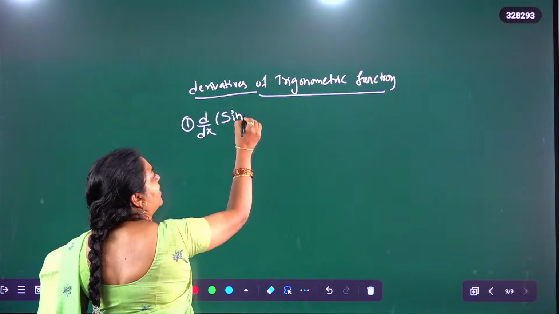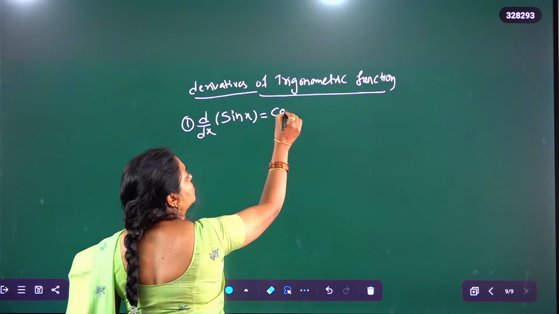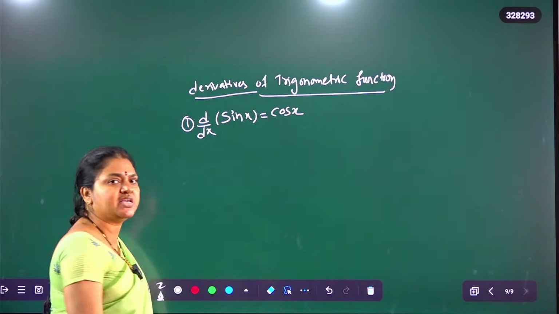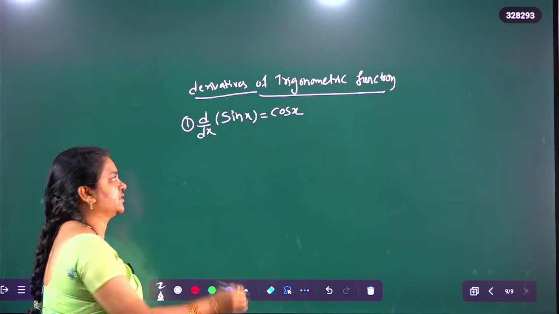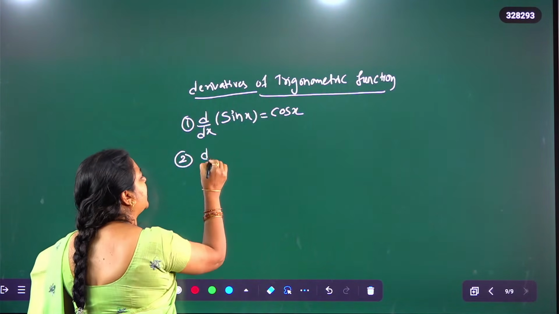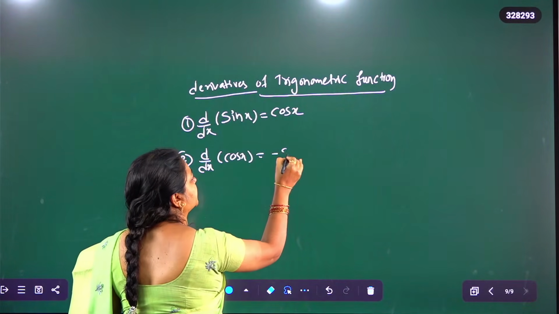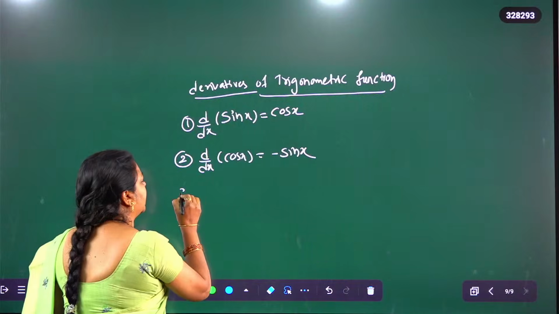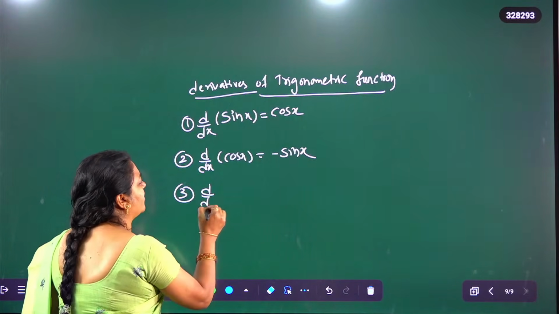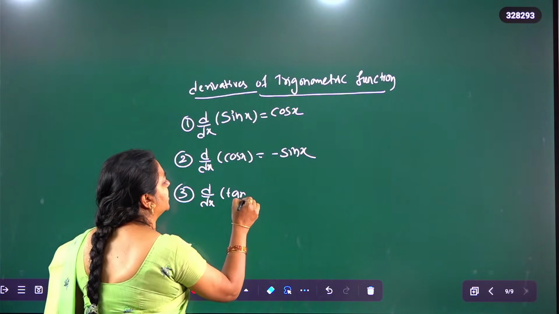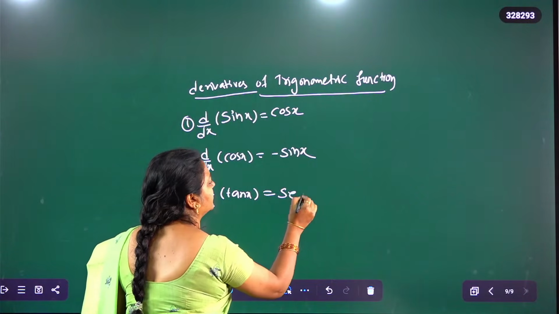That is, d by dx of sin x, just now we solved it, is equal to cos x. And similarly, d by dx of cos x will become minus sin x. And d by dx of tan x is equal to sec square x.